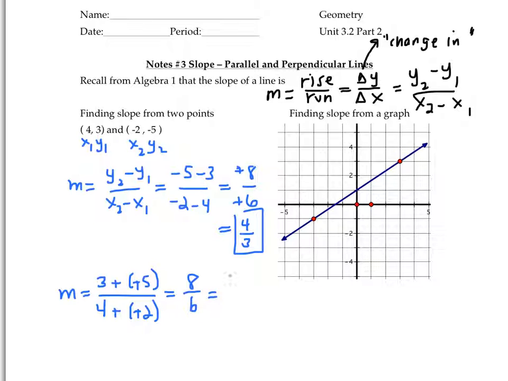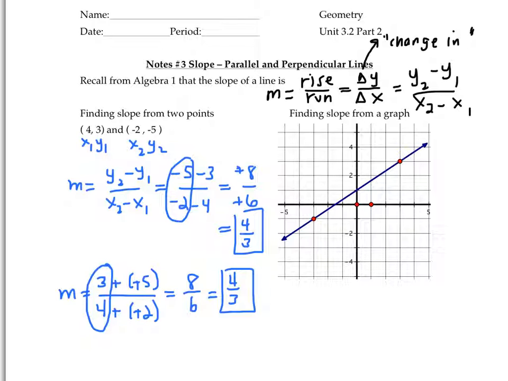That also simplifies to 4 over 3. So it doesn't matter which point you use first and which point you use second, but whatever y value you use first in the numerator, you need to use the corresponding x value first in the denominator. So your points always line up vertically.